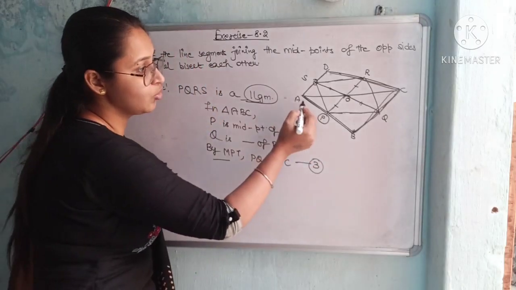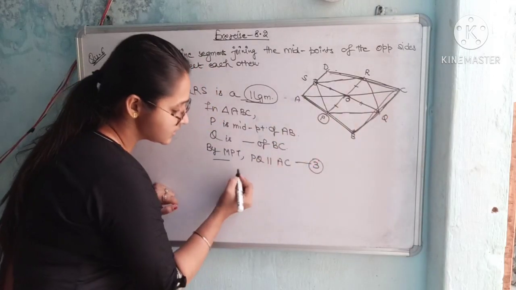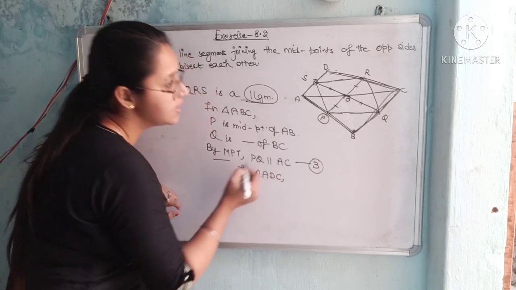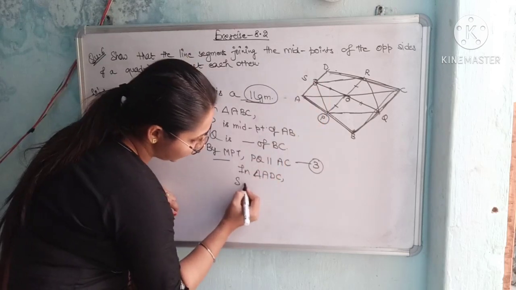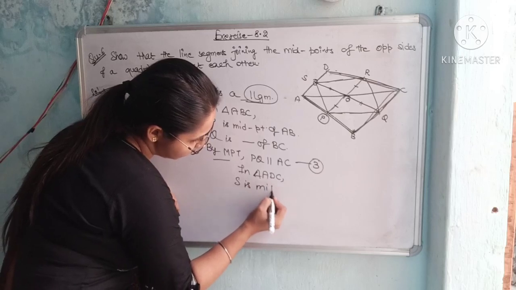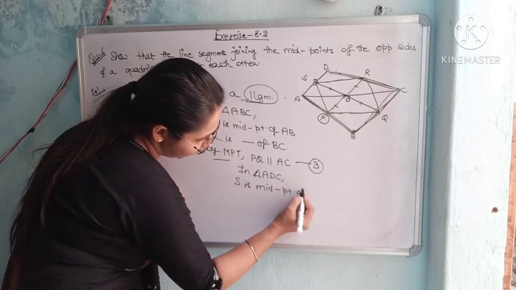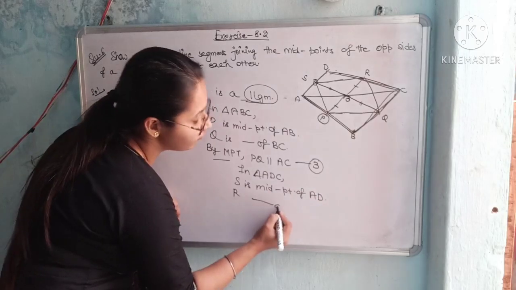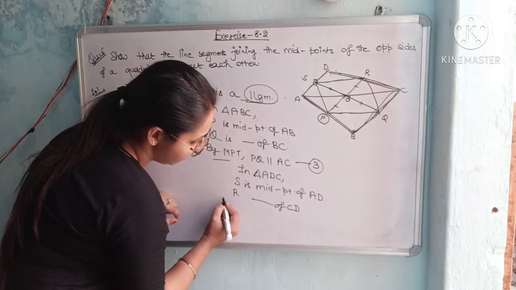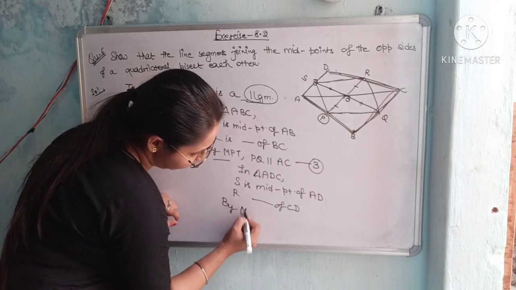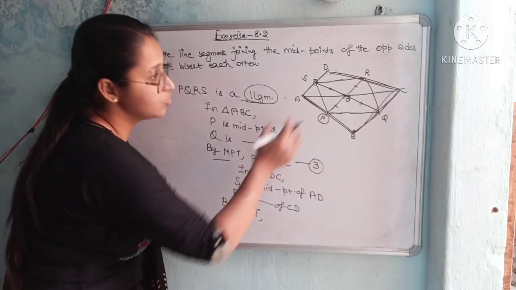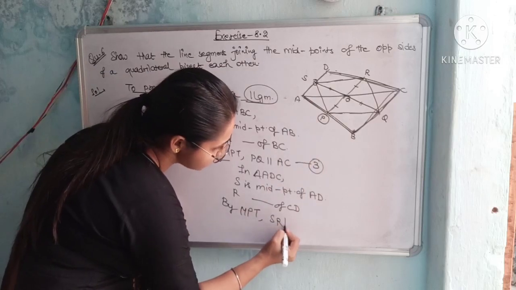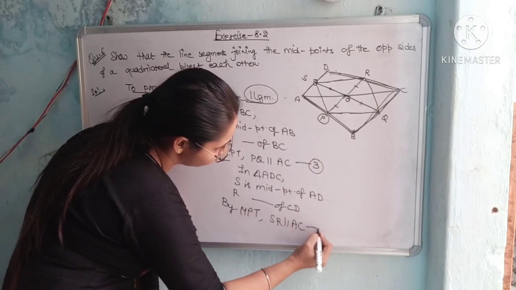Similarly, when you take the second triangle, in triangle ADC, S is the midpoint of AD, and R is the midpoint of CD. Then by the midpoint theorem, MPT, can you say SR will be parallel to AC? Yes, this is equation 4.